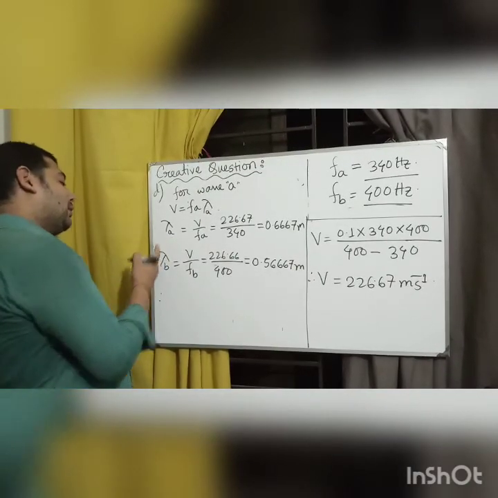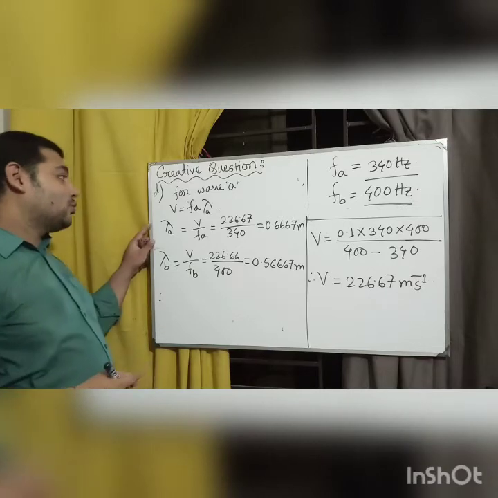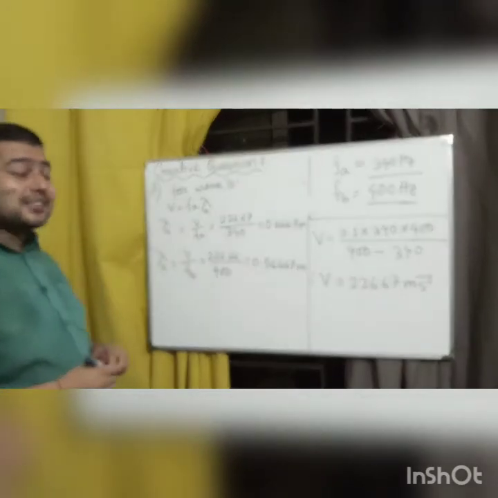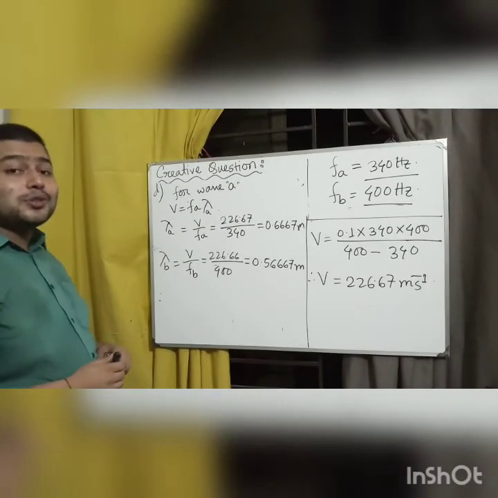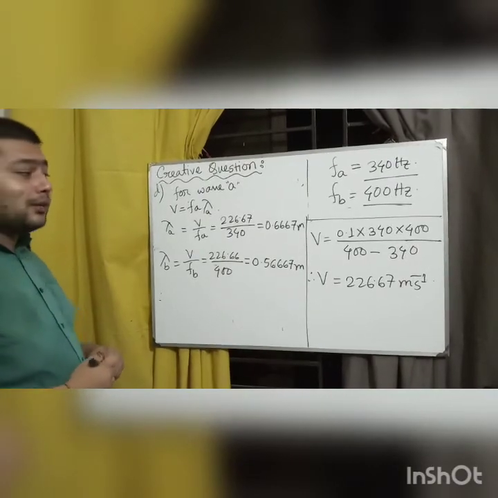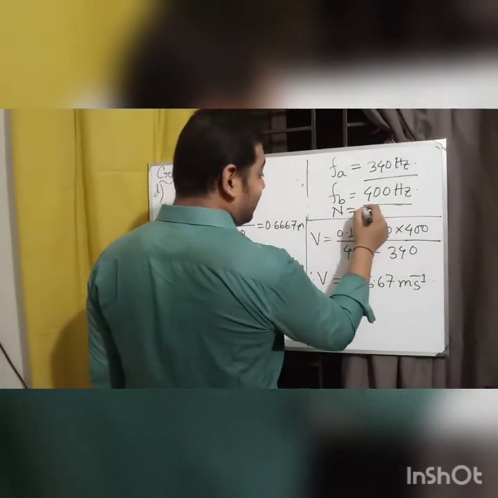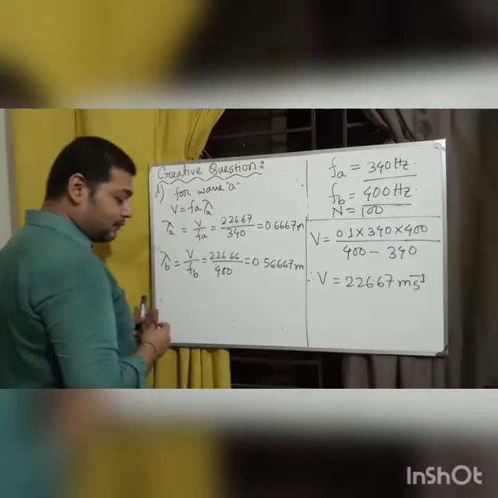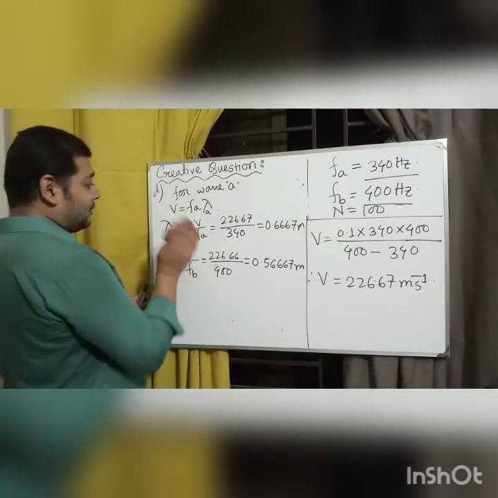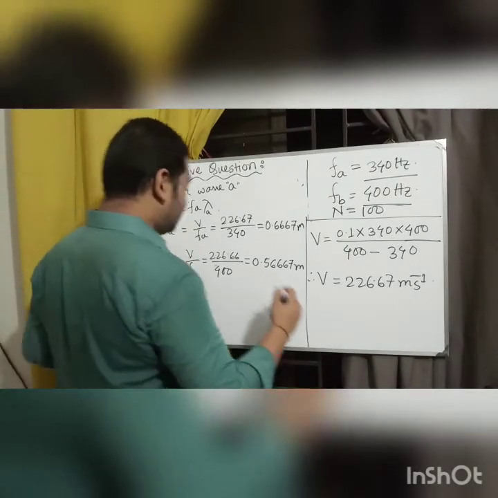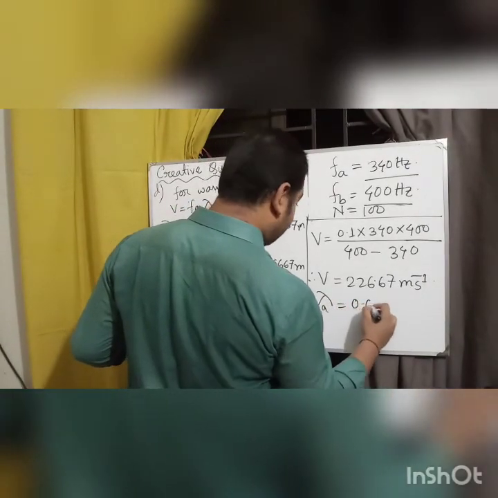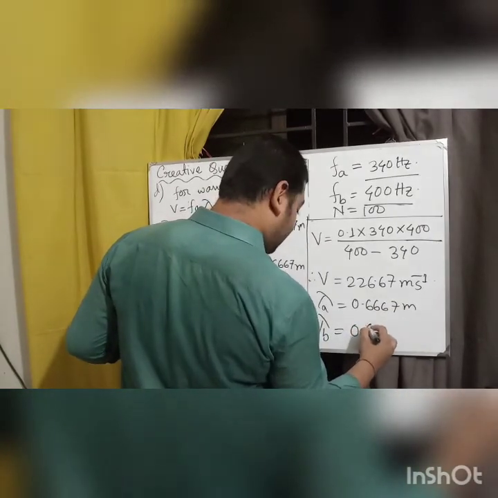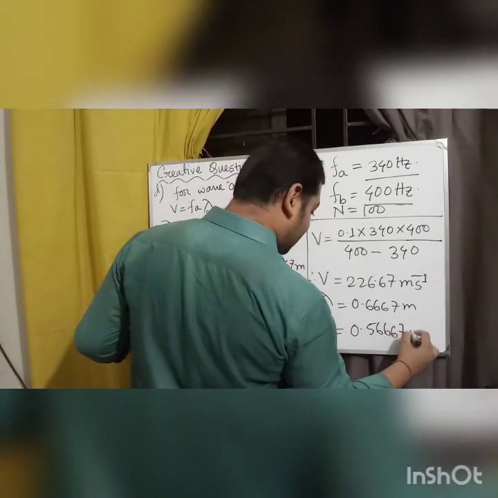Okay, so we get the wavelength of these two waves. Now we can easily determine the distance covered by these two sound waves. Okay, here the total number of vibrations is given, and that is n equal to 100. This information is very important. Lambda A equal to 0.6667 meter, and lambda B is 0.5667 meter.